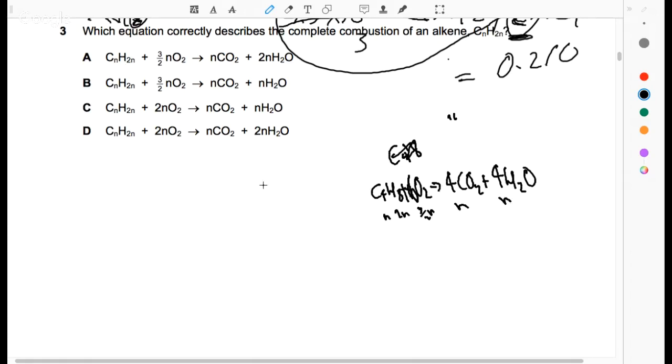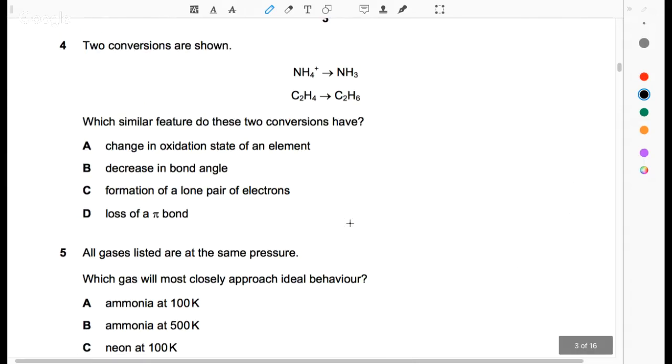So it will be B. Yeah, decrease of mole number.